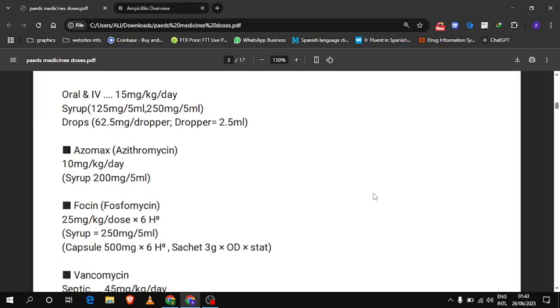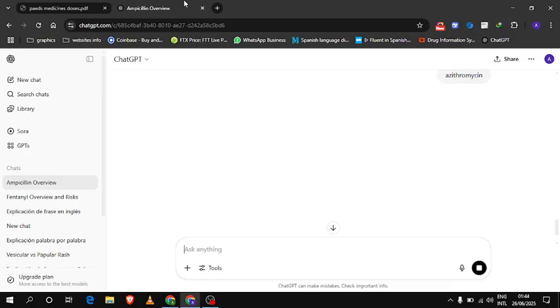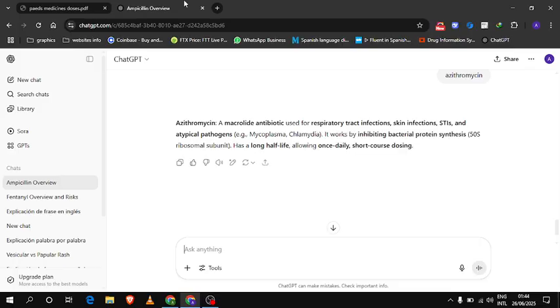Next is Azomax, azithromycin. Azithromycin, a macrolide antibiotic used for respiratory tract infections, skin infections, STI, and atypical pathogens, Mycoplasma, chlamydia.